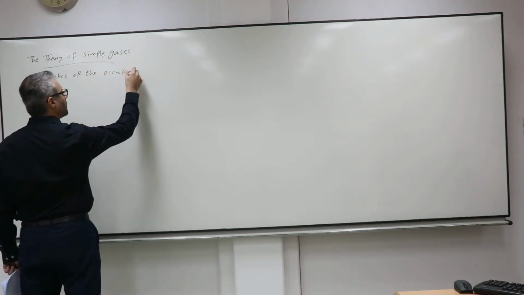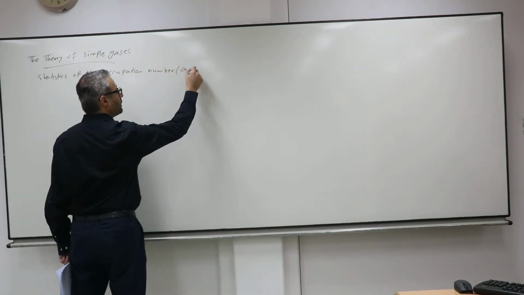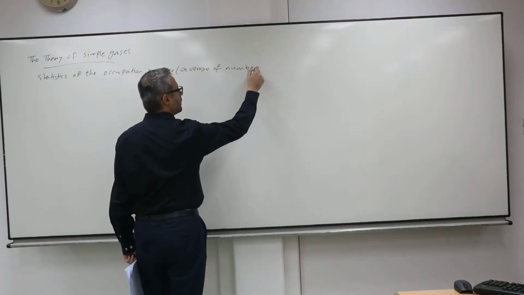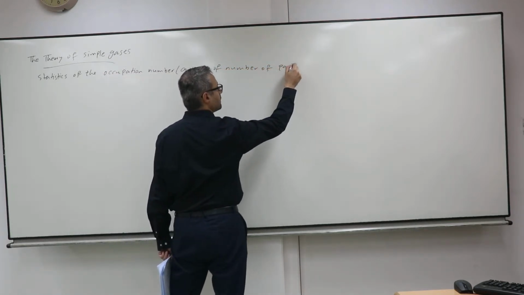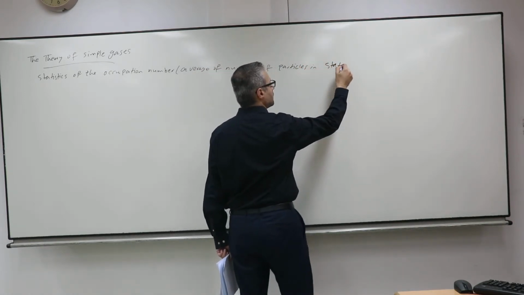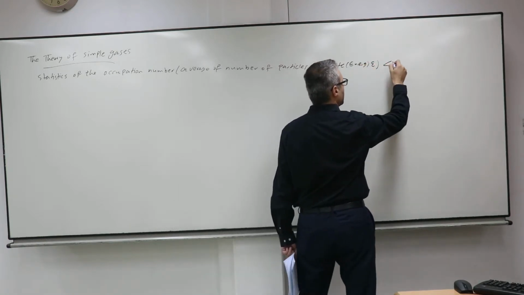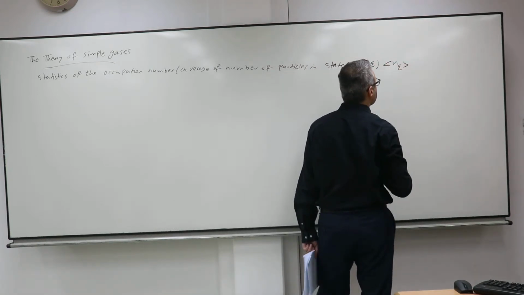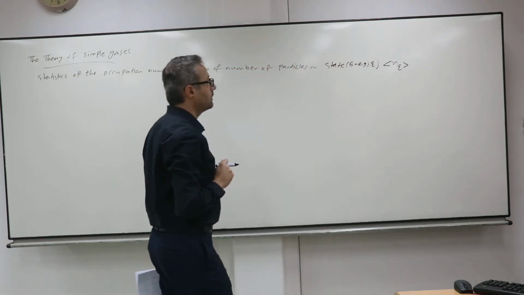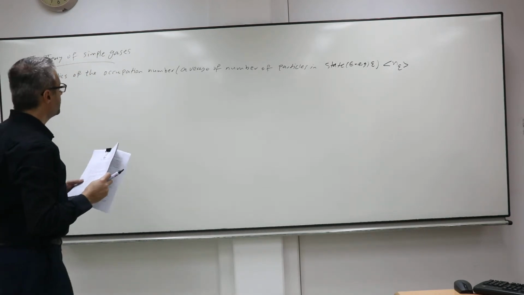Occupation number, or average of the number of particles in a state or in the energy E. So in E, this is the average of the particles which sit or have the energy E for the different gases.